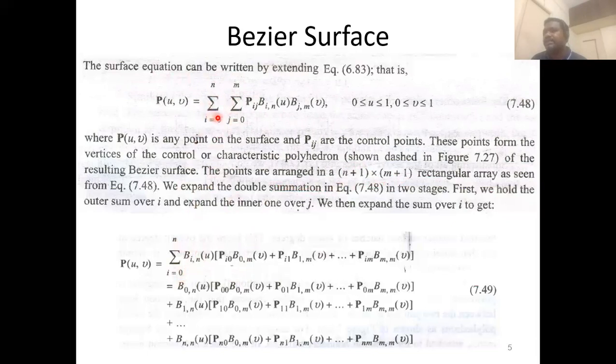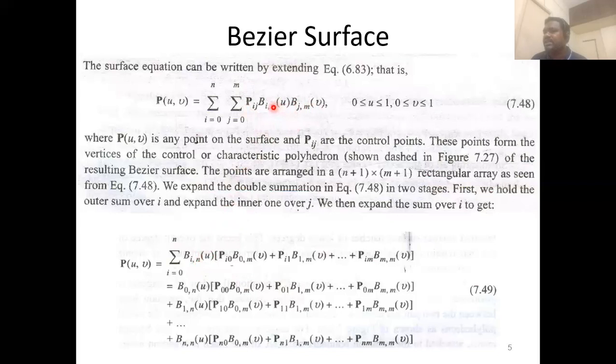At the same time, this Bernstein function in u is going to be a constant, because we don't find any indexing of j. No j is found, therefore it is taken out as a constant, since it is a variable only in u. Now these two values, Pij and the Bernstein function indexed by j, m, is the value along the v direction.